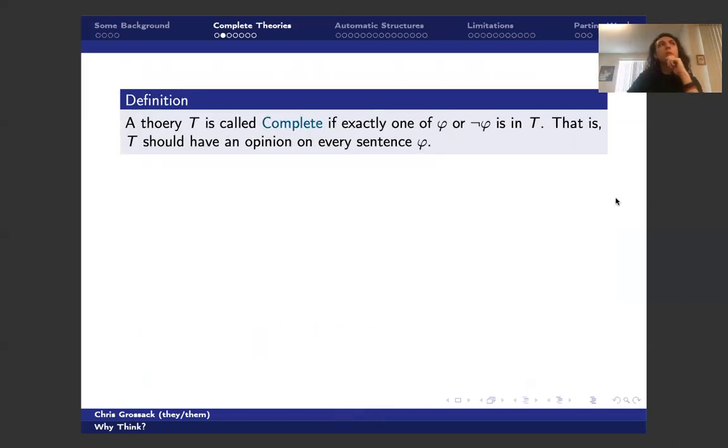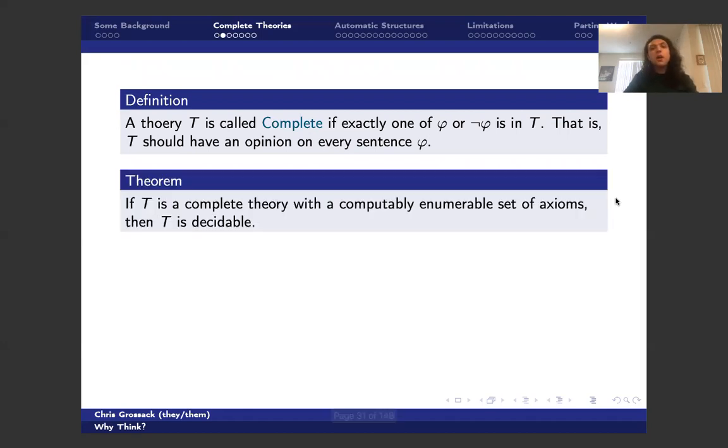OK, so a theory is called complete exactly when we can solve this problem. So a theory is called complete whenever either phi or not phi is a theorem. That is, my theory should have an opinion on every sentence. And this does solve the problem because now a non-theorem exactly means that not phi is a theorem. So now I can decide any complete theory.